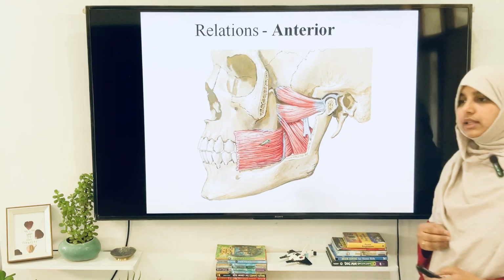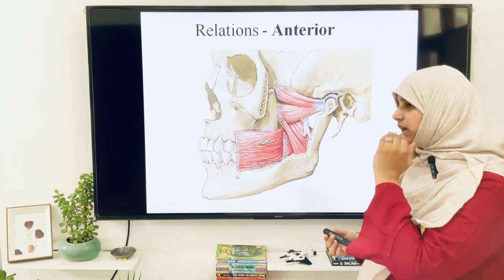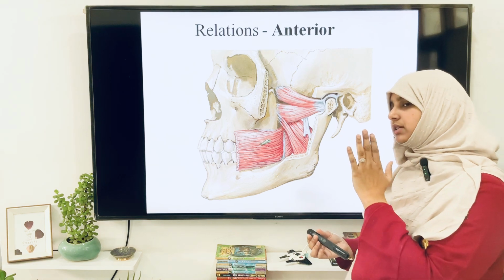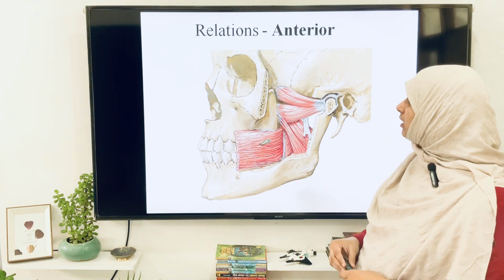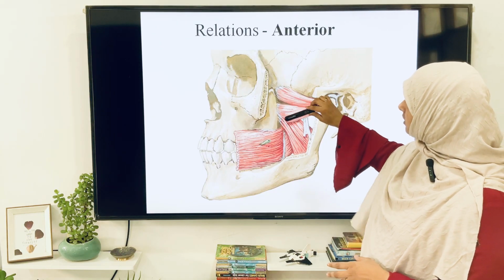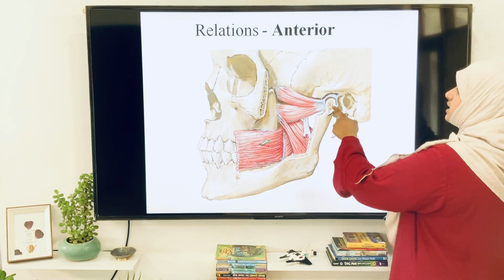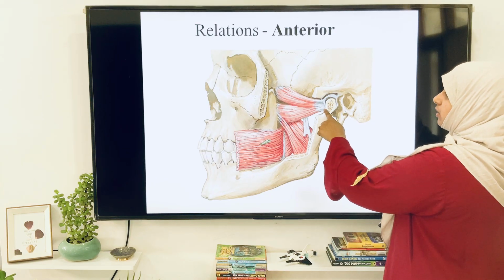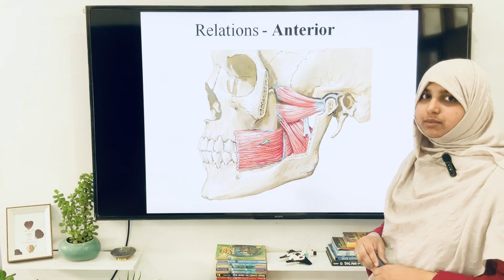Next, what are the anterior relations? Superficially we know, and deep to that TMJ, medially we know what is there. Anterior to that, which muscle is related? Here you can see our favorite muscle, the lateral pterygoid muscle, which is going to insert into the pterygoid fovea as well as into the fibrous capsule of the TMJ itself.